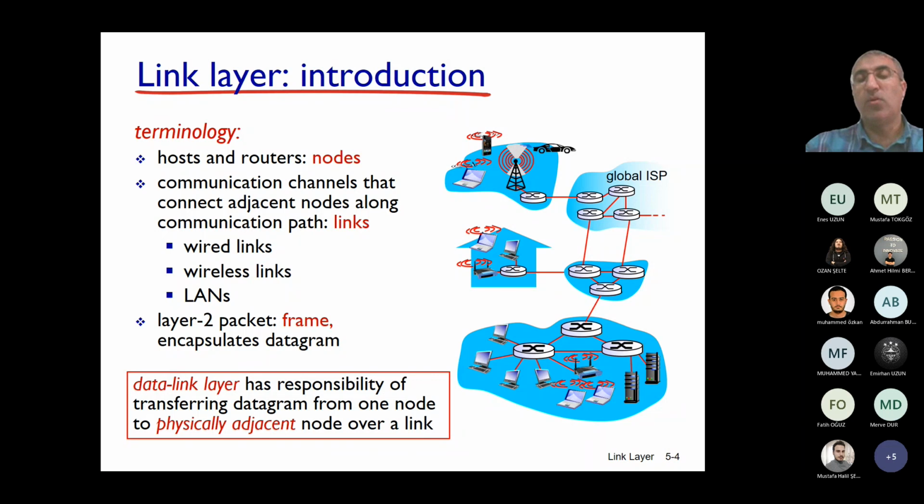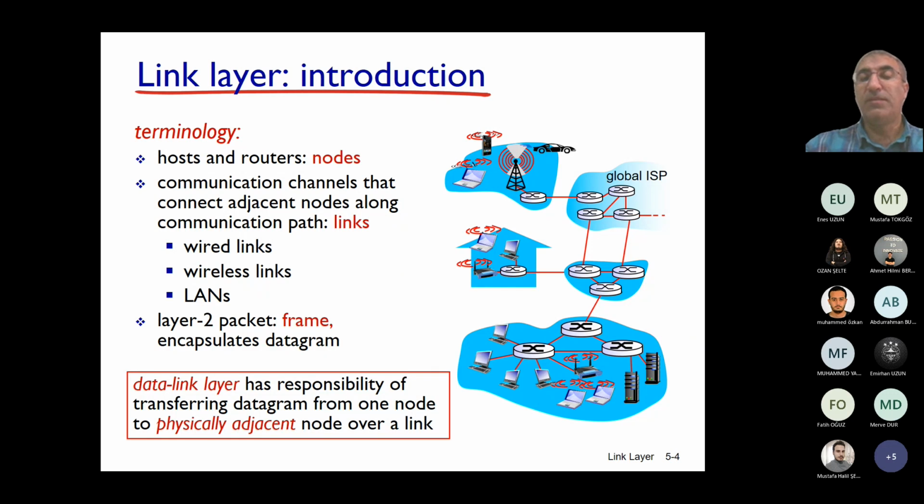All of them are called nodes. And we need to communicate between nodes. That's why we need links. A communication channel that provides a communication path is called a link. So we have two main entities, nodes, and the links that connect these nodes.